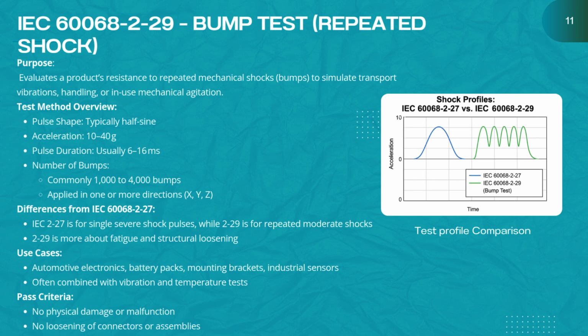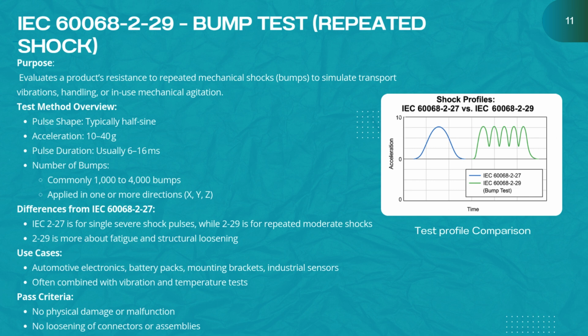What makes this test unique is the high number of bumps, commonly between 1,000 and 4,000, applied in one or more directions, X, Y, Z. So it's less about surviving one hard hit and more about long-term durability.